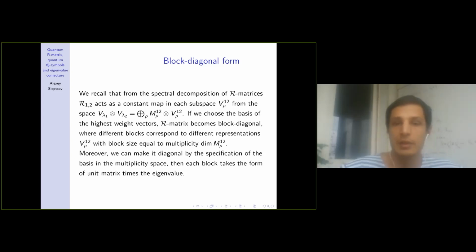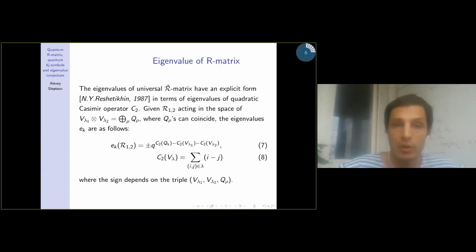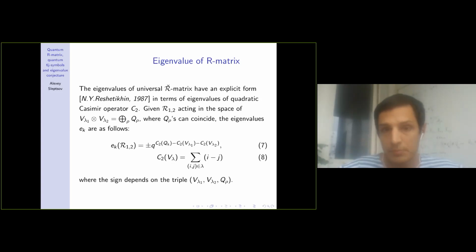Next, we can make it diagonal by a specification of the basis in this multiplicity space, and then each block takes the form of a unit matrix times the eigenvalue. So the eigenvalues of the universal R matrix have an explicit form in terms of eigenvalues of the quadratic Casimir operator, which is given by formulas 7 and 8, very explicit in terms of Young diagrams corresponding to the representation.